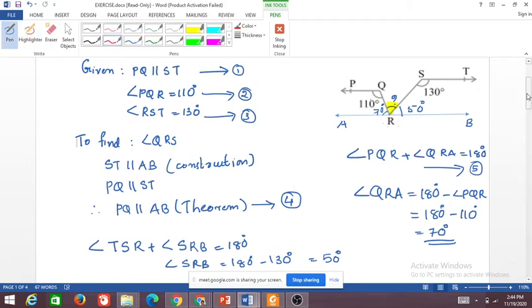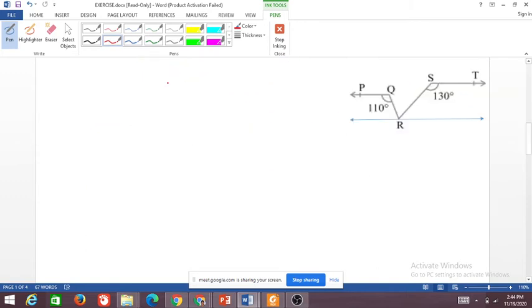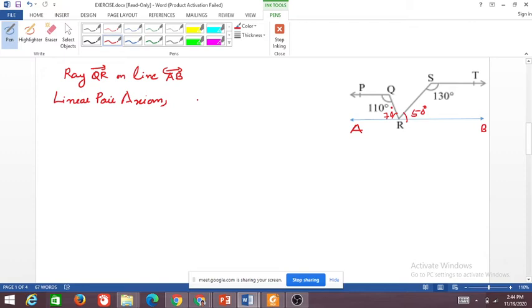So as she was saying, this is 70 and this was 50. And now ray QR is standing on line AB. So then by linear pair axiom, angle 70 degree plus, I am just writing the steps.